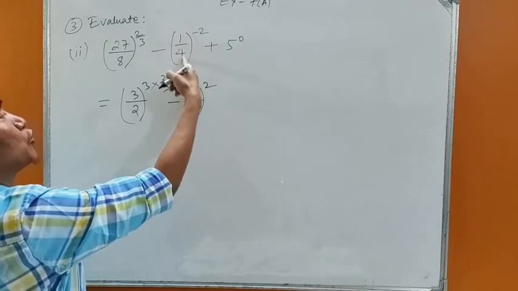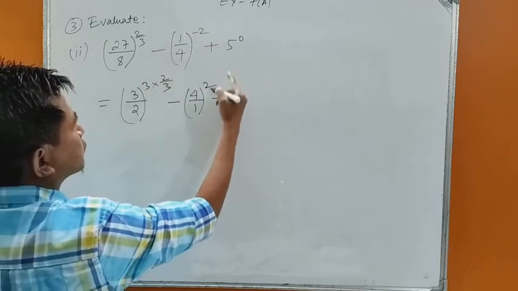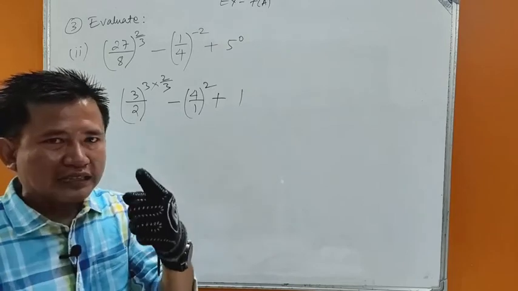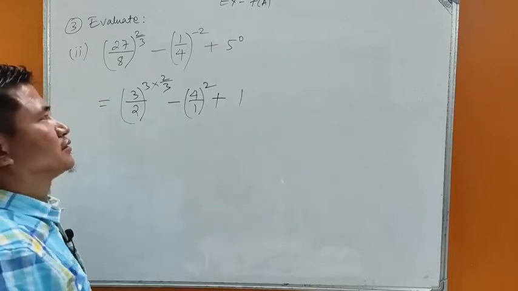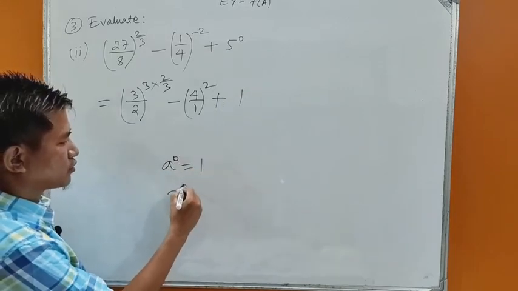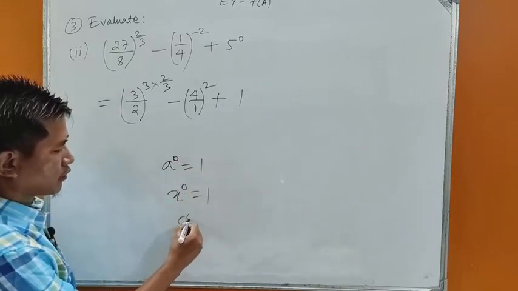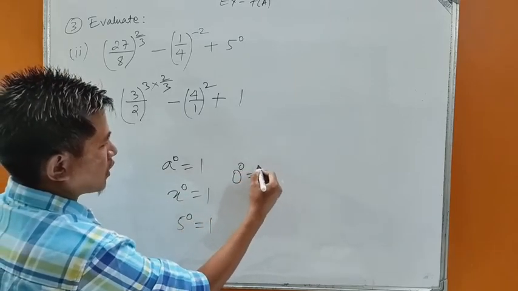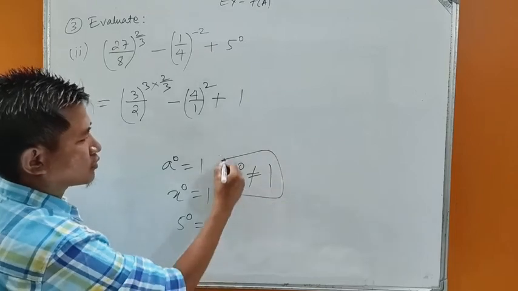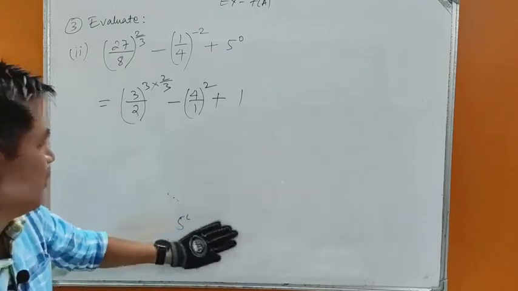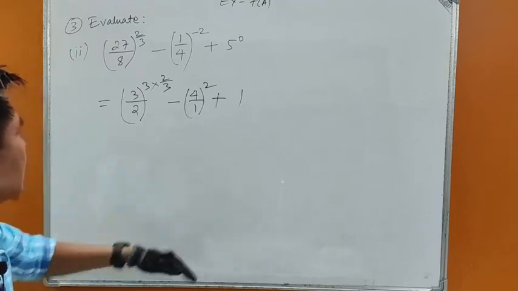Plus 5 to the power 0 means 1. I told you earlier, anything to the power 0 is always 1. A to the power 0 means 1, x to the power 0 means 1, 5 to the power 0 means 1, but 0 to the power 0 is not 1. 0 to the power 0 is undefined.